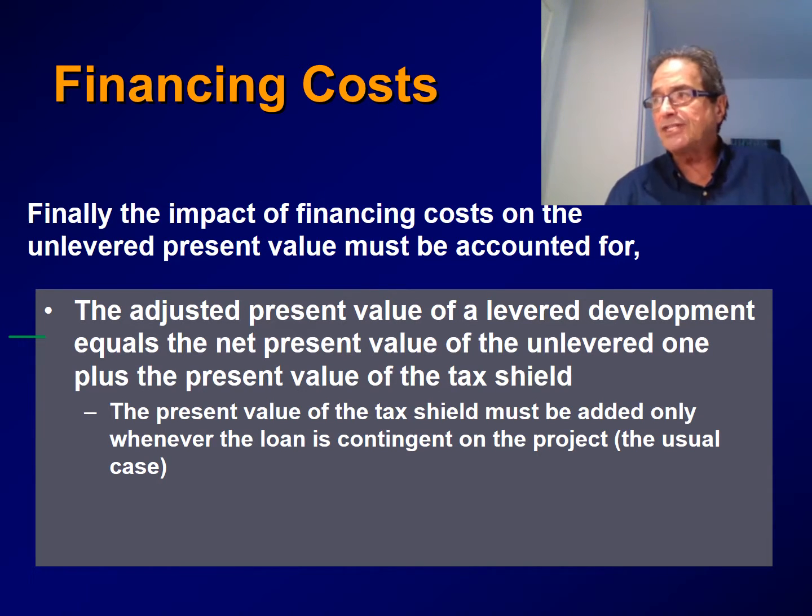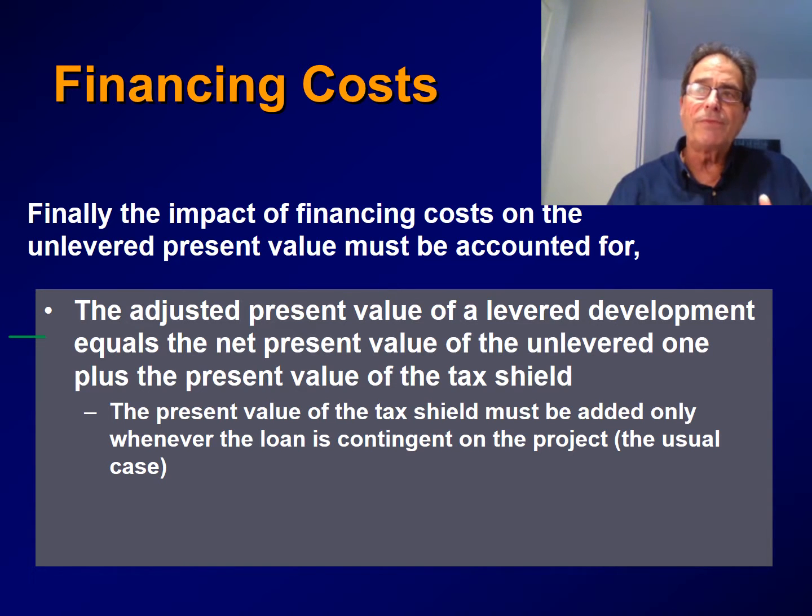And the present value of the tax shield can be calculated directly from the financing costs. It must be added to the net present value of the project only when the loan is contingent on the project, meaning that the loan takes place only if the project takes place, which is the usual case.